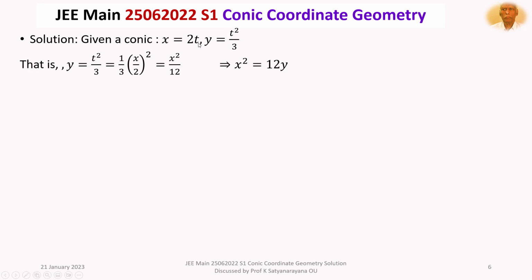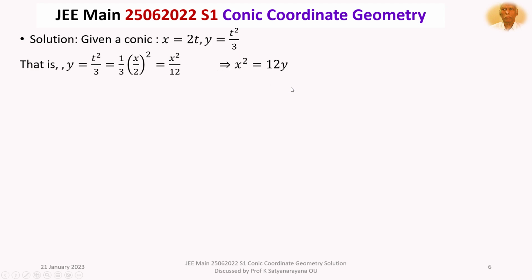T is x by 2, x is equal to 2t, so t is x by 2. So 1 by 3 into x by 2 whole square, that's equal to x square by 12. That is, the conic is x square is equal to 12y. So we recognize this as x square is equal to 4ay, which is the standard equation of a parabola.